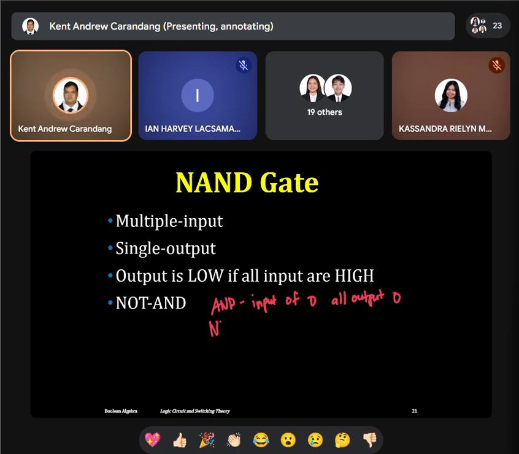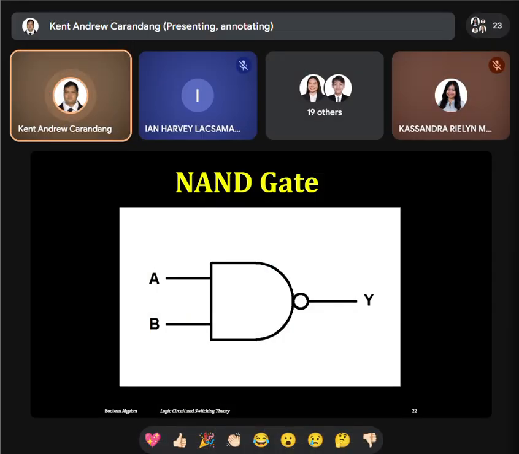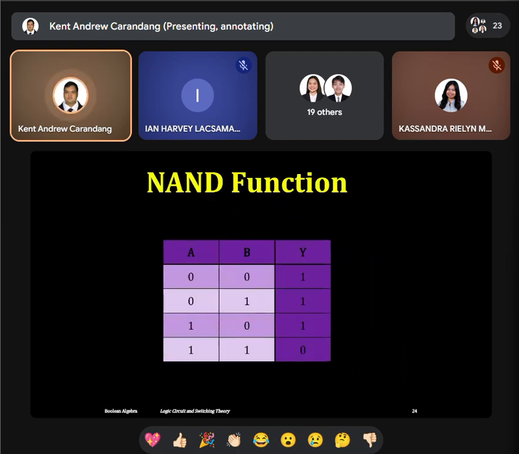Now for NAND, this is the opposite: if there is an input of 0, the output is 1. Here are the schematics for the NAND gate. This is also the equivalent for the NAND gate, and this is the function, or the truth table, of the NAND gate.